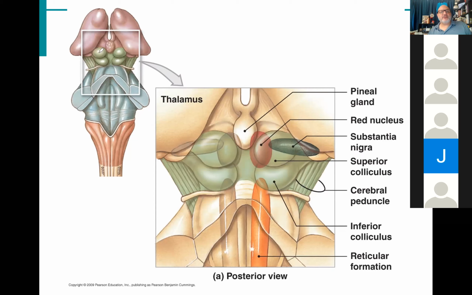Notice in this posterior view, we see that there's not two bumps, but actually four bumps. These four bumps collectively are known as the corpora quadrigemina. All right, quad, four, so the corpora quadrigemina. These, notice as we look here, are nuclei.